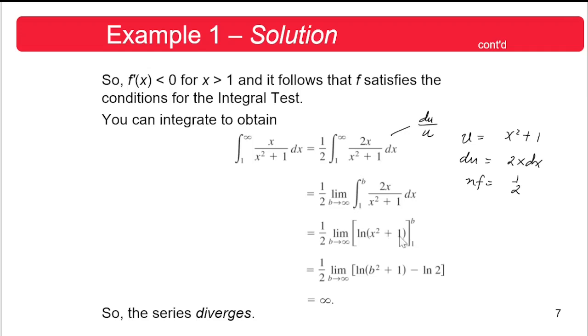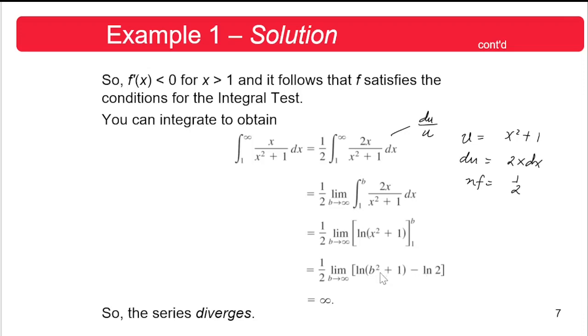Then, by substitution, upper minus lower, we have 1 half times the limit of the natural log of b squared plus 1, minus the natural log of this function when x is 1. 1 squared plus 1 is 2, so we have the natural log of 2. But we take the limit of the natural log of b squared plus 1.